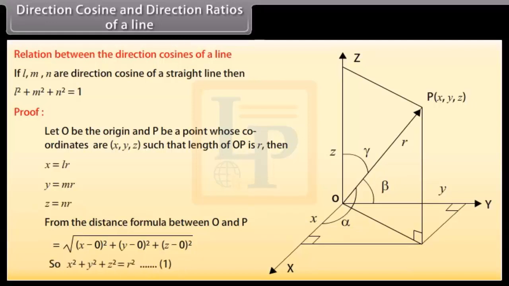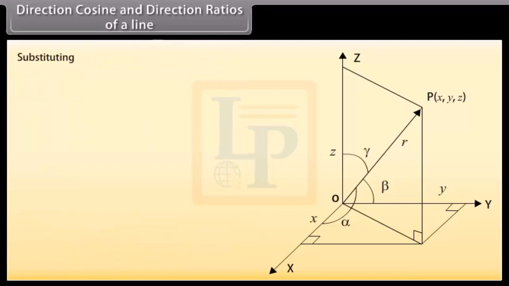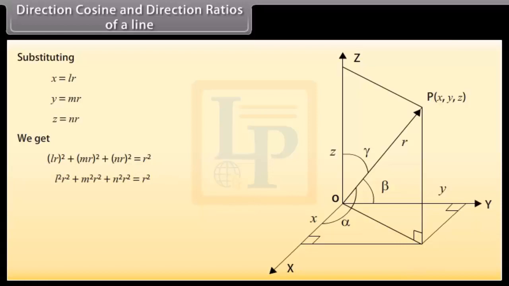So x square plus y square plus z square equals r square, name it as 1. Substituting x equals LR, y equals MR, z equals NR, we get LR square plus MR square plus NR square equals R square. L square R square plus M square R square plus N square R square equals R square. L square plus M square plus N square equals 1.